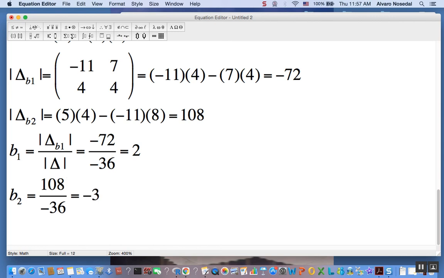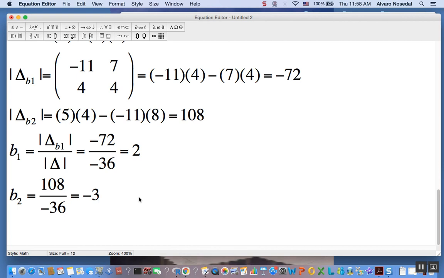Okay, nice. So finding B1 and B2 like this using determinants is what is referred to as Cramer's rule. Okay?